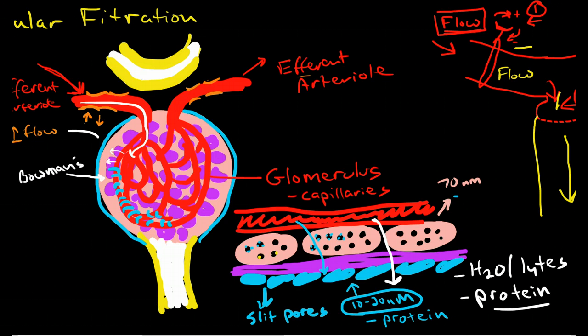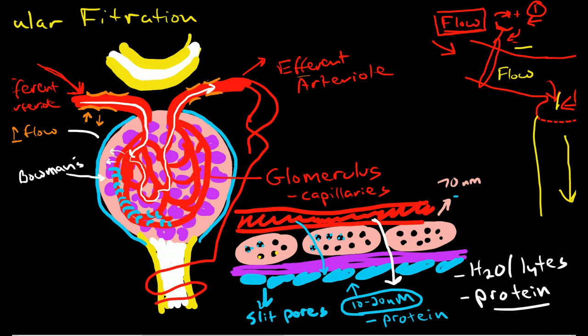And then the rest of it works its way back to the efferent arterioles. Now, the efferent arteriole goes back into another capillary bed. And where does this capillary bed go? Well, it wraps itself all around the tubules. And then after it works its way through the second capillary bed, it goes back to the renal vein.